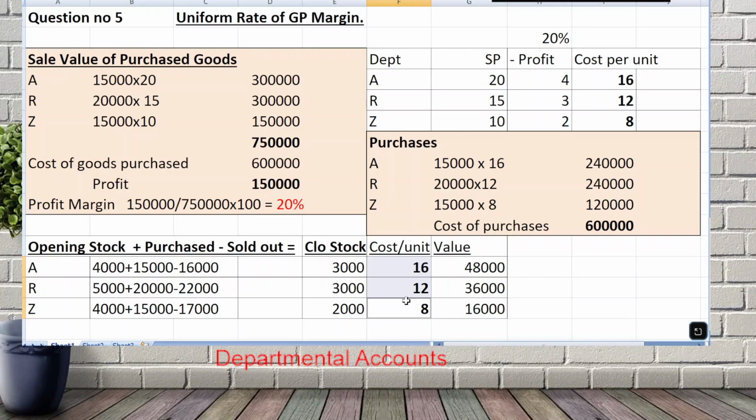Any doubt so far? Any doubt in this? So we worked out purchases separately. What we need to work out next? Sorry, closing stock value we worked out. Opening stock value we need to work out next.